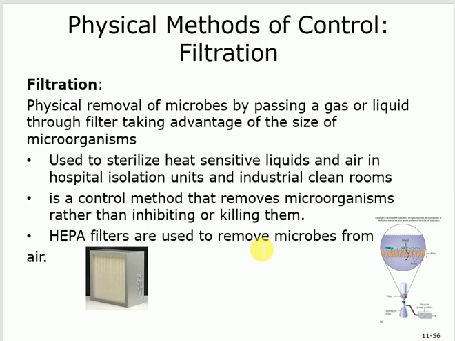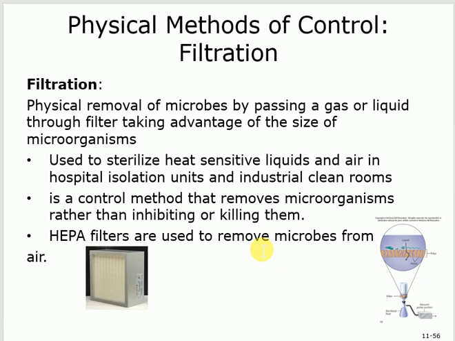So when it goes in from this side, anything will be filtered and stay, and when it passes through, the air is passing without the microbes. So it counts on the microbial size. It's a physical isolation. It doesn't kill, it doesn't do anything. This is just a filtration.